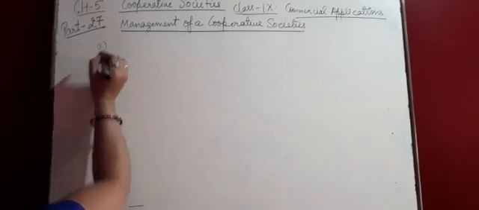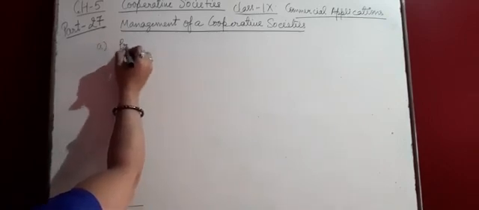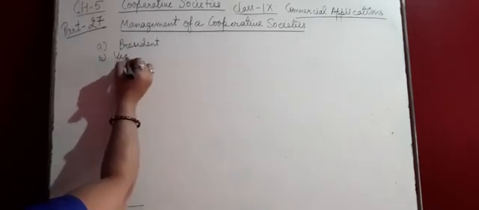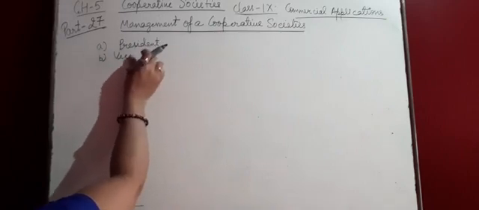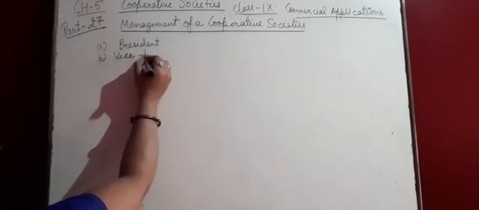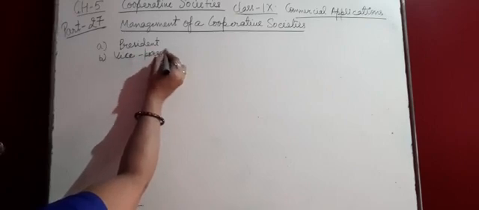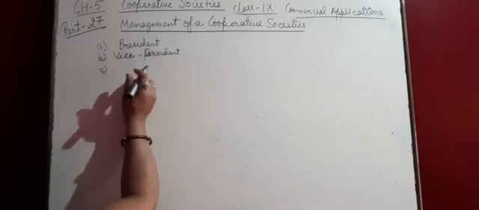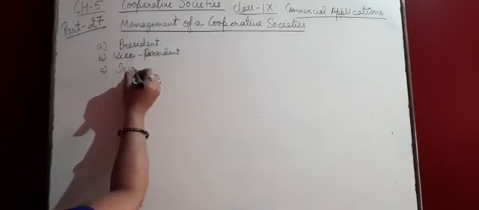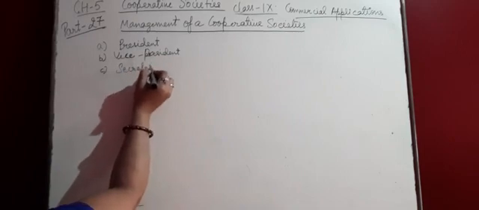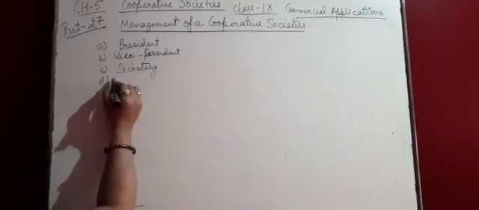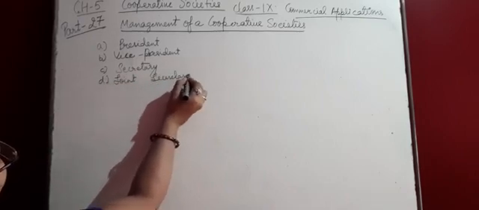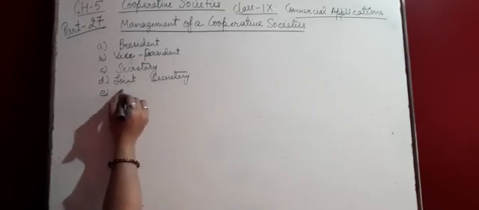The office bearers are: first, the president; second, the vice president; third, the secretary; fourth, the joint secretary, if any; and the last one is the treasurer.